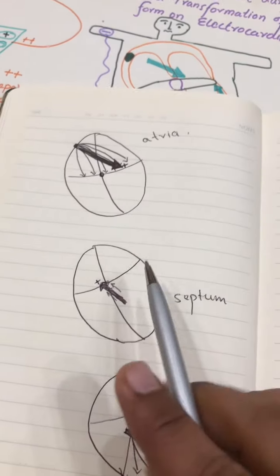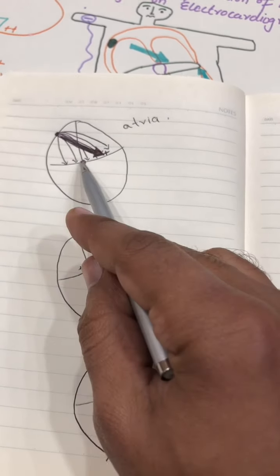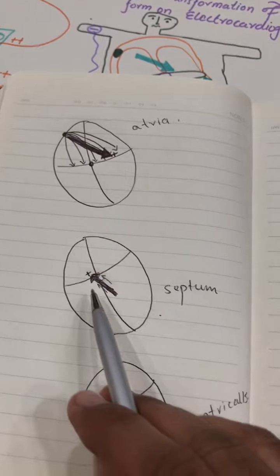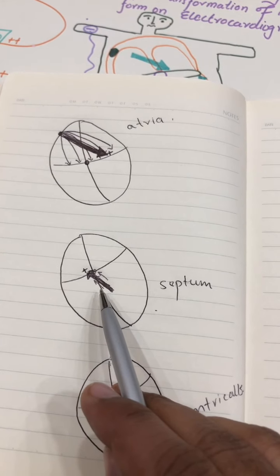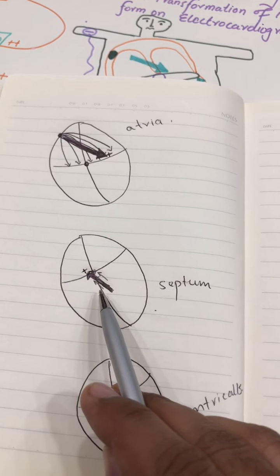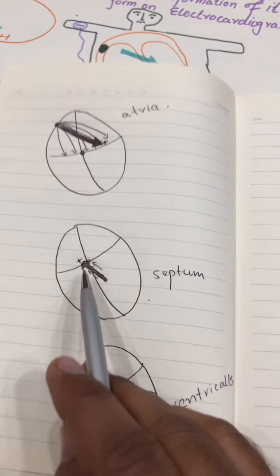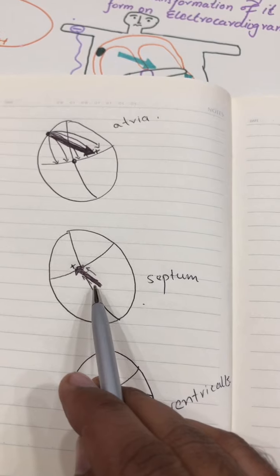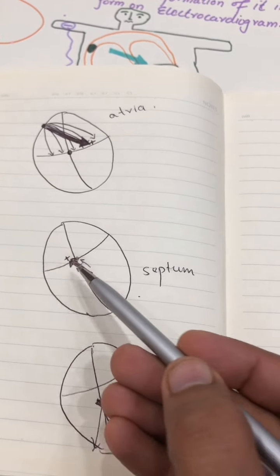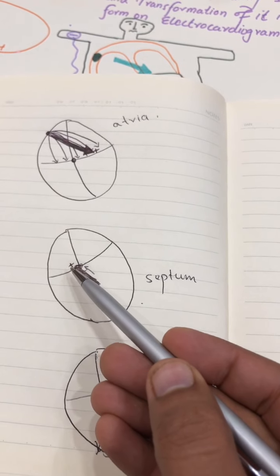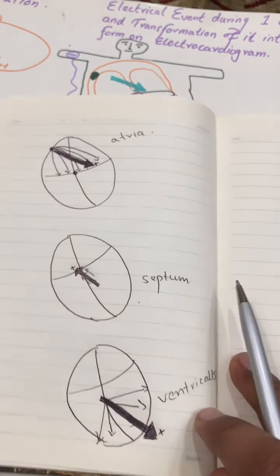Okay, then it will come to the AV node. After that it is going to come toward the septum. When it is going to depolarize the septum, it is not depolarizing the septum in this way. It is going to depolarize the septum from bottom to top. Okay, and it is also a wave of depolarization. Here also you will get the positive charge.